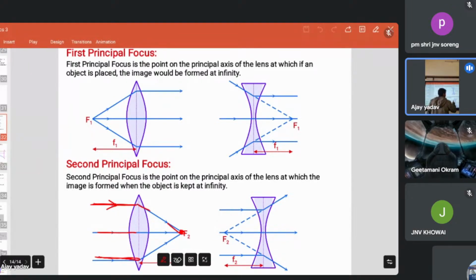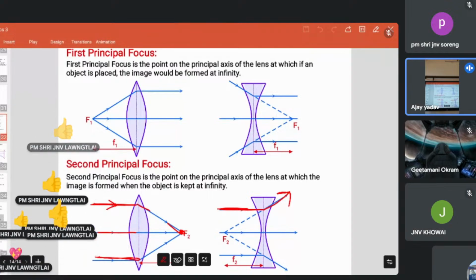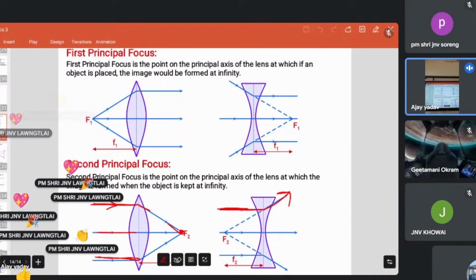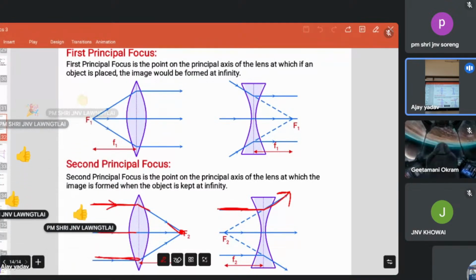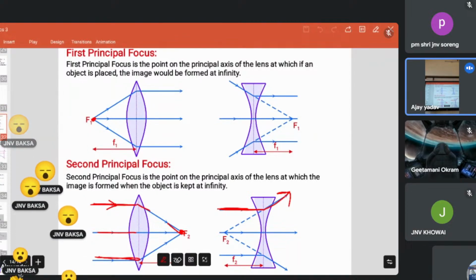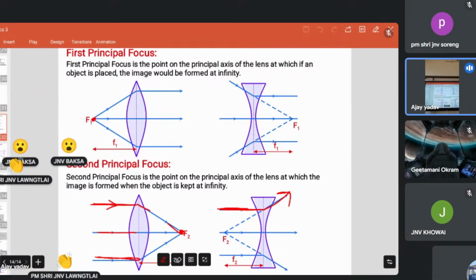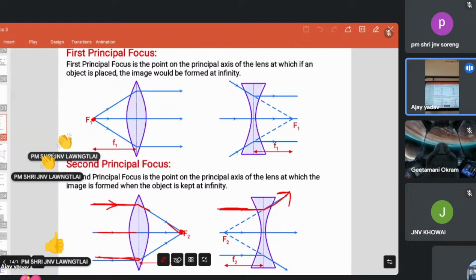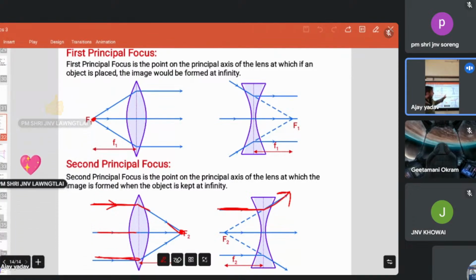Similarly, in a concave lens, if a ray parallel to the principal axis is incident on the lens, then it will diverge. So a convex lens means convergent lens, and a concave lens means divergent lens. And this is called the first principal focus. Reverse of this, if a ray is incident on the lens from the focus point f1, then after refraction it will go parallel to the principal axis. Similarly, in a concave lens, if the rays are incident in this direction such that, if they go further, they would cut at the focus, then after refraction they will go parallel.